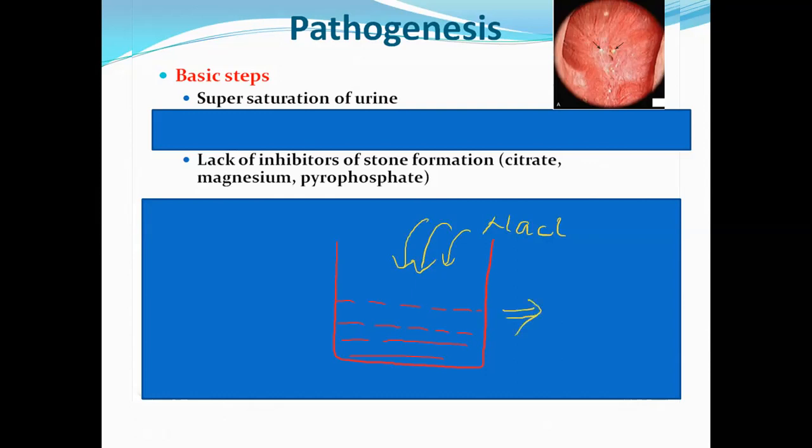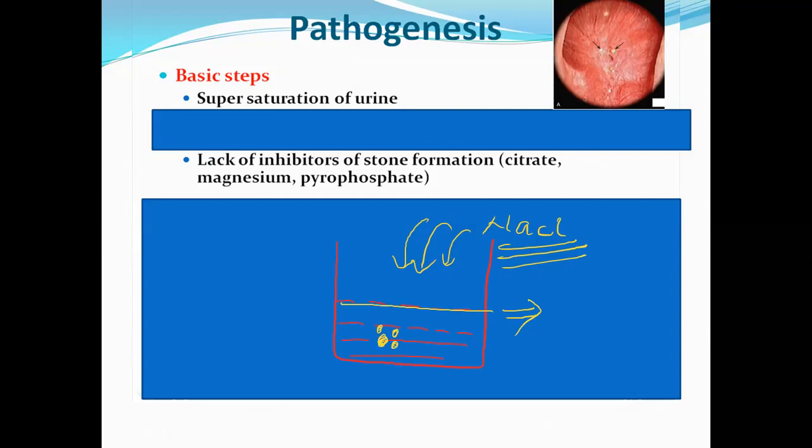So whenever you add an excess of solute, or an electrolyte or a salt, beyond the capability of the solvent to dissolve it, it will start to precipitate. That's why whenever the liquid gets supersaturated, the solute starts to precipitate. The same thing happens in the urinary tract as well. Whenever there is an excess of electrolytes or stone forming agents, beyond what the water that usually keeps them soluble can handle, then stone starts to form.